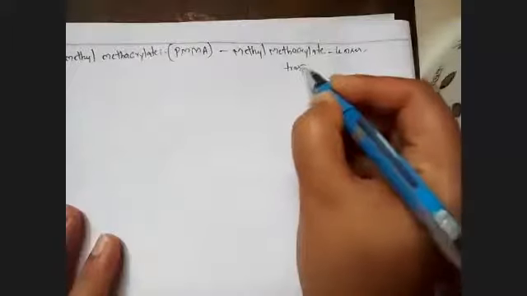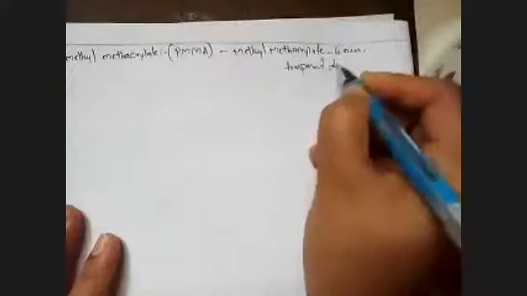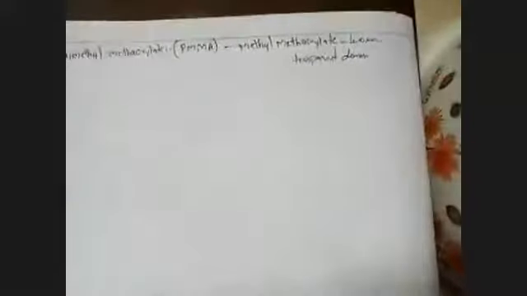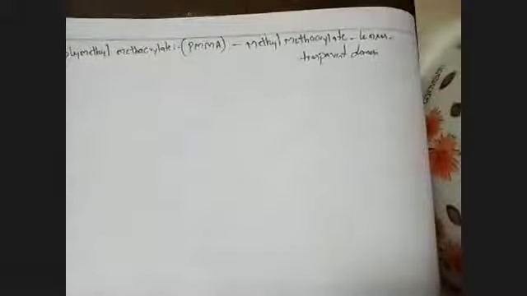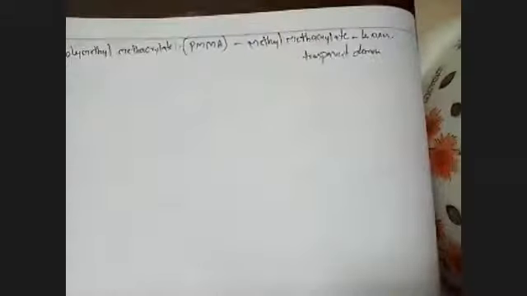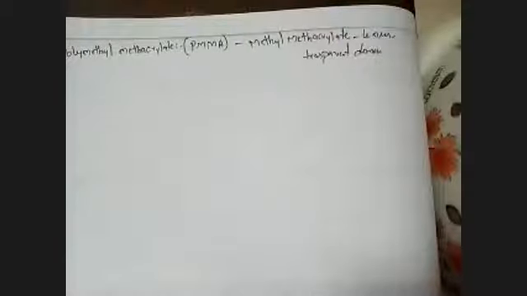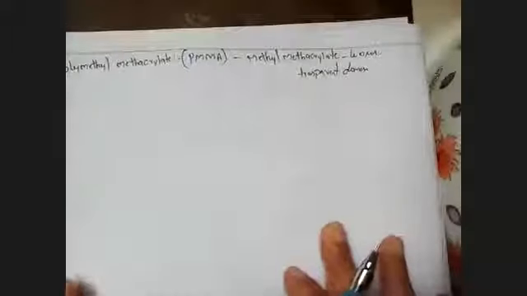And transparent domes. Have you seen some classical models made in hotels or showrooms, with a colorful dome structure? That is made up of polymethyl methacrylate. Because of its high transparency to light, we are using this.